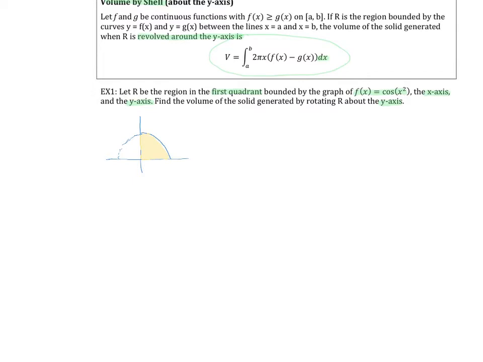How we're going to compute this volume is we're going to look at what's called a shell. Now a shell is just a cylinder. And these cylinders are going to have a height that's a y value. Then we're going to keep building up these cylinders and filling in until we have ourselves a volume.